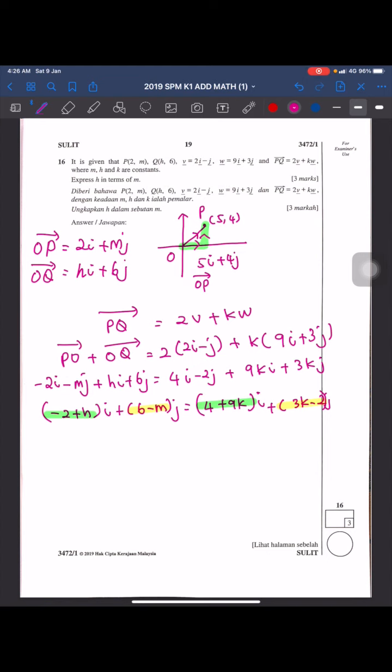Okay, so kita boleh equalkan i dengan i, j dengan j. So negative 2 plus h is equals to 4 plus 9k.